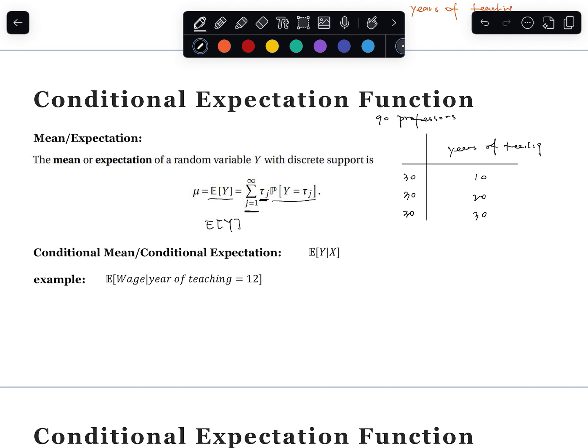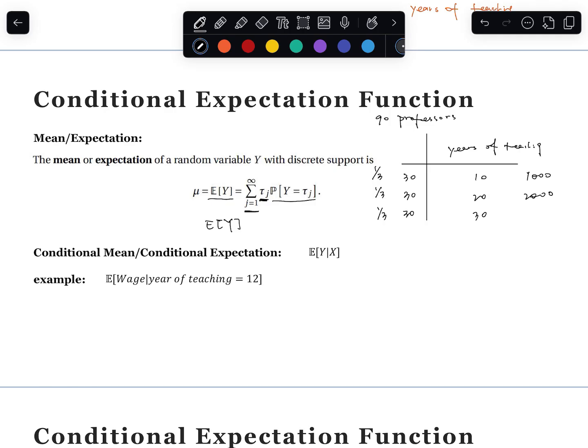You can see they all take up 1/3. And for their incomes, maybe we can simply use 1,000, 2,000 and 3,000.